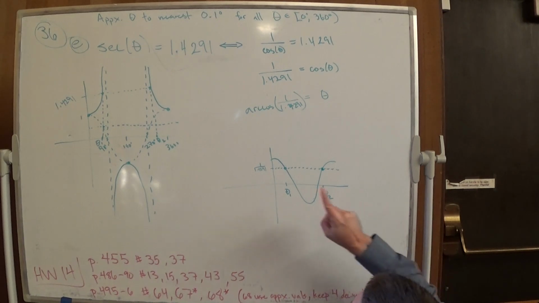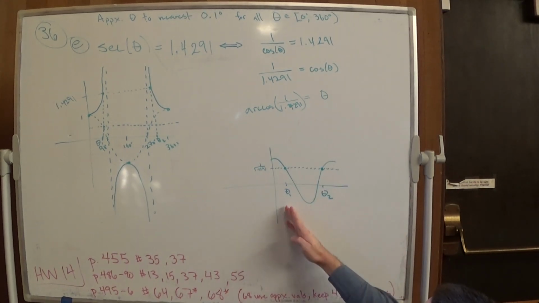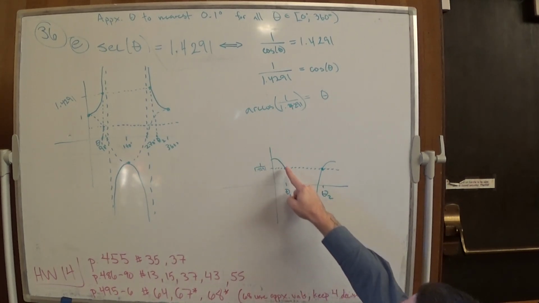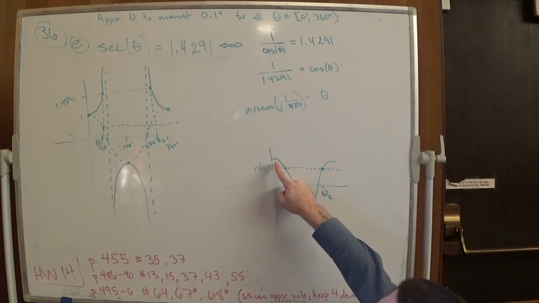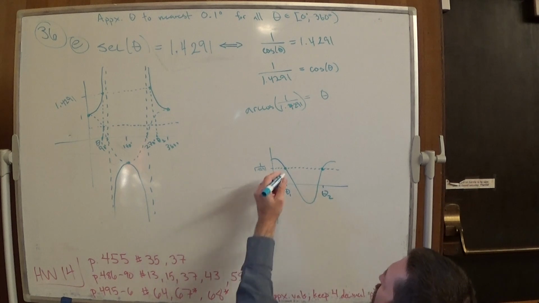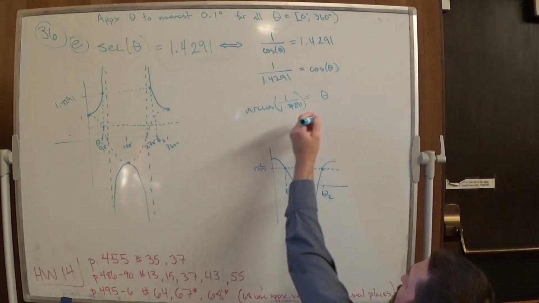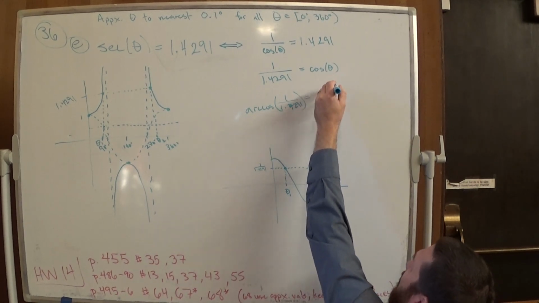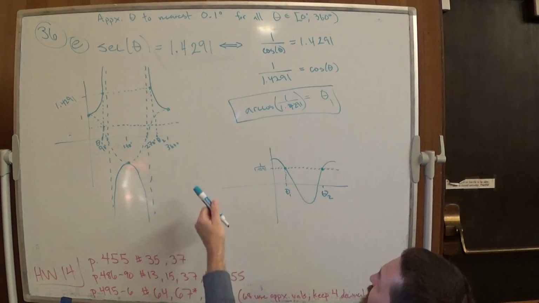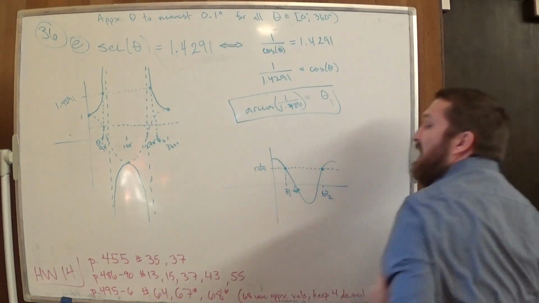Now, when I plug this into arc cosine, is this going to give me theta 2 or theta 1? Theta 1, because it pulls back only things in the first 2 quadrants, from 0 up to pi, or from 0 up to 180 in this case. And so my calculator is going to give me that value right there. It's going to say that's theta 1. And it'll be between 0 and 90 in this case, because there's 90 degrees. And you should check that.